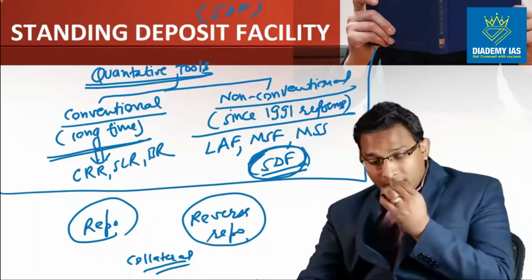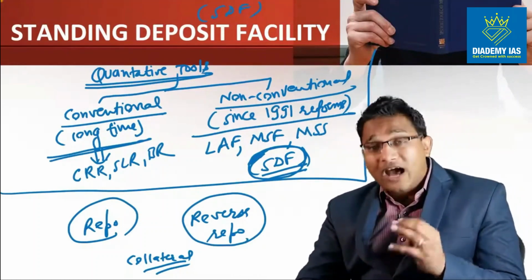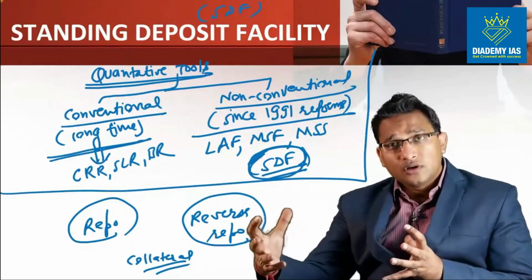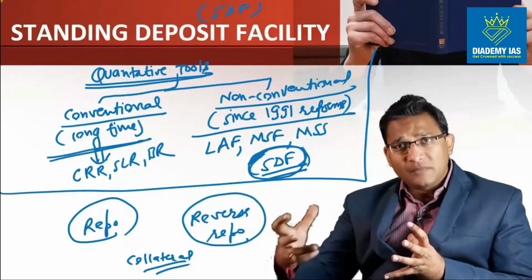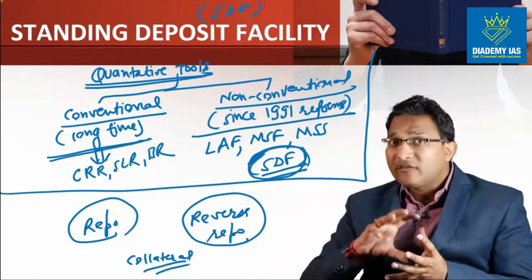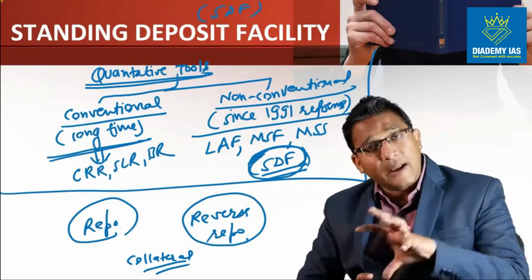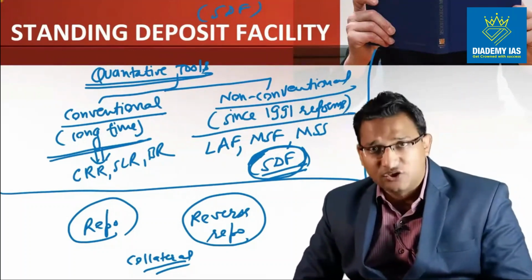Now there can be a situation where RBI wants to suck the money from the market, but it does not have the government security with itself, like that happened in the demonetization.